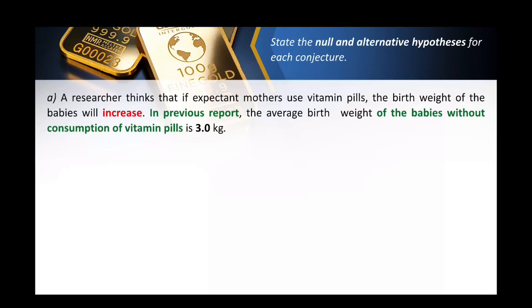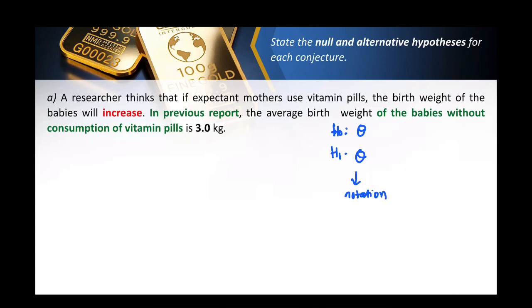A researcher thinks that if expectant mothers use vitamin pills, the birth weight of the babies will increase. In a previous report, the average birth weight of the babies without consumption of vitamin pills is 3 kilograms. So in the illustration just now, if you want to write down your hypothesis, you must have H null, colon, H1, colon. Here will be your theta, here will be your theta, the notation of the parameter.